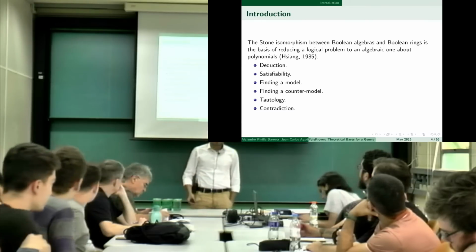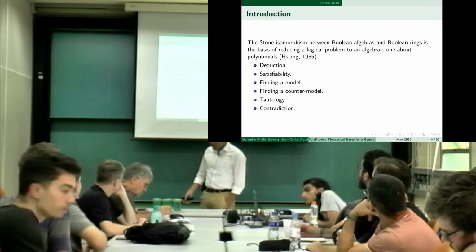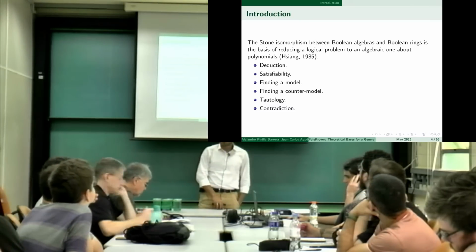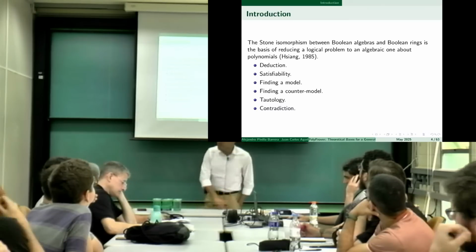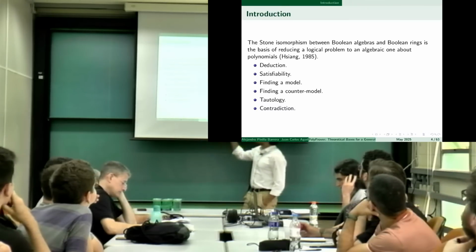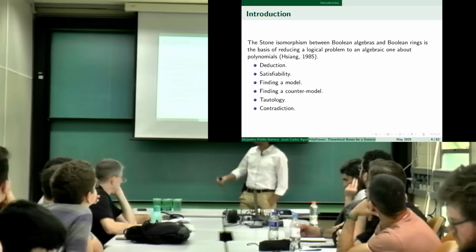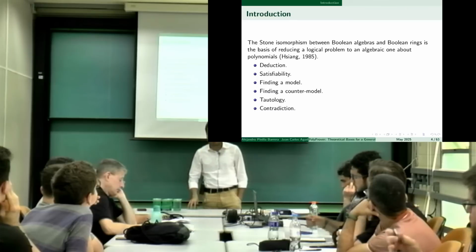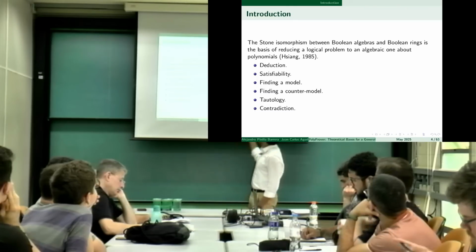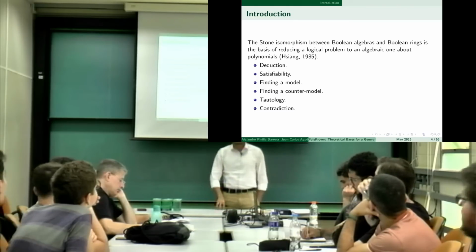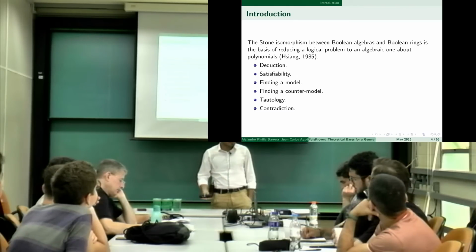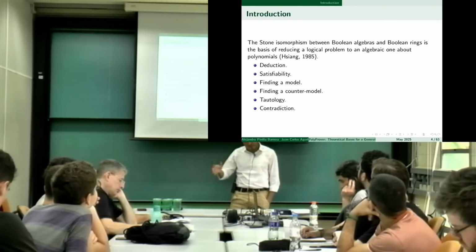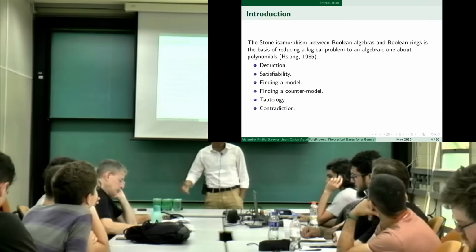Following Xian in a paper of 1985, we can trace back the idea of using algebra to solve logical problems from the Stone isomorphism. In this paper, Xian used the Stone isomorphism between Boolean algebras and Boolean rings to tackle some logical problems. And the idea is kind of simple if you know something about category theory.